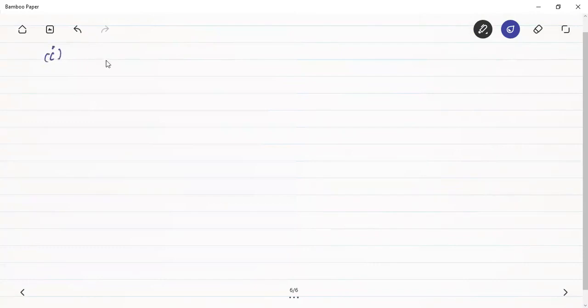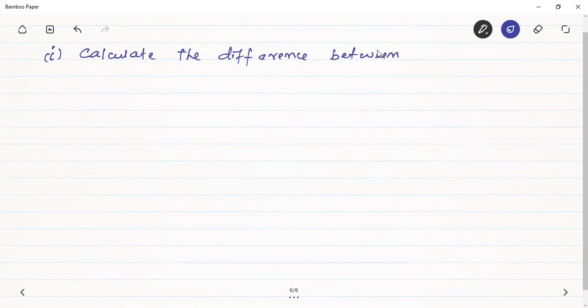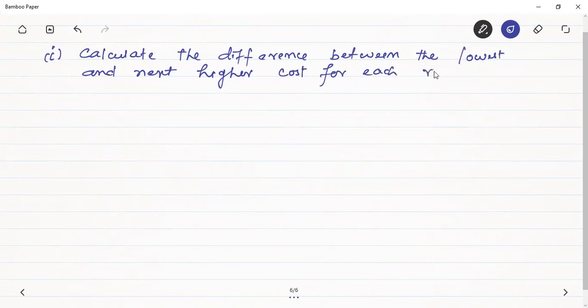The first step involved is to calculate the difference between the lowest and next higher cost for each row and column.